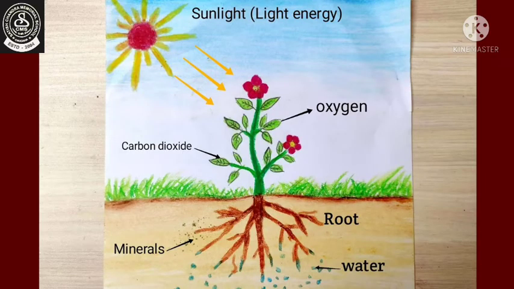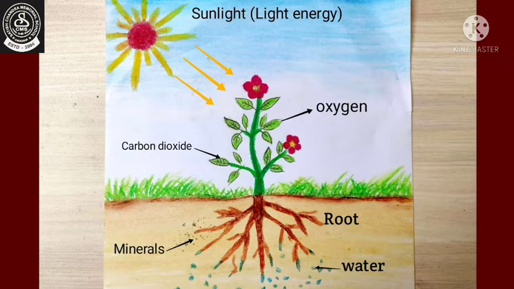Now let's see a diagram of photosynthesis. Let's see how plants prepare their food and how we get oxygen from plants. So here you can see there is a plant which is preparing its food by absorbing sunlight, carbon dioxide and minerals from the soil.